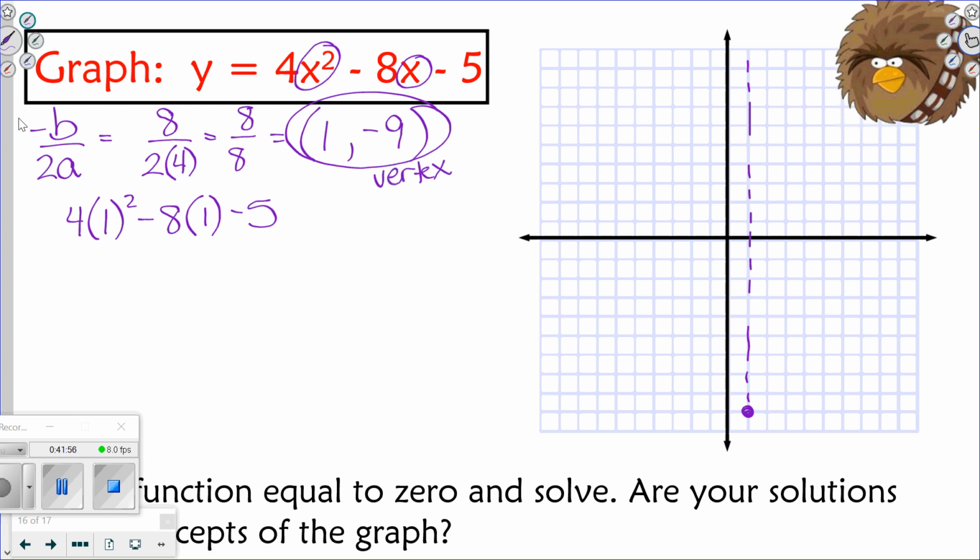All right, so if I go to plot the other points, make our xy table. This had a vertex value of x of 1, so I'm going to plug in 2 and 3. Good. What do you get when you plug in a 2? Negative 5, thank you. And what about when you plug in a 3?